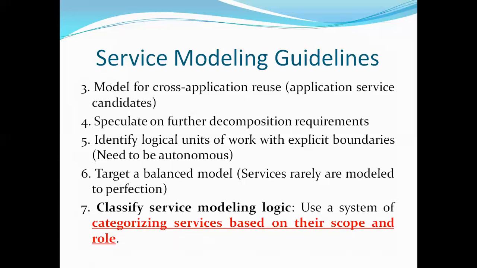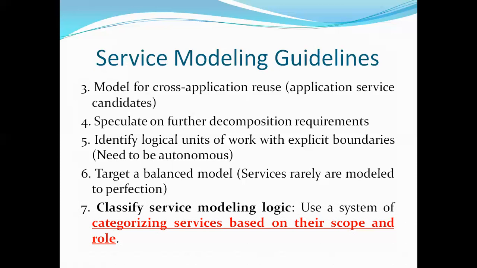The last modeling guideline is classify the service modeling logic. Use a system of categorizing the services based on their scope and role. You are decomposing the web services, so the decomposition process is used, and after decomposition, you categorize the services based on their scope and role.